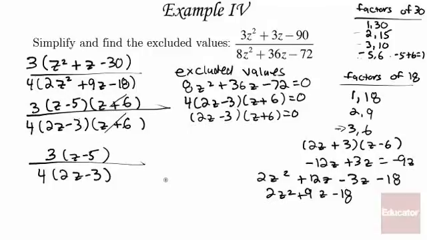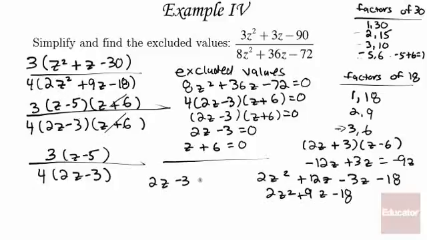Using the zero product property, I'm just going to go ahead and set 2z minus 3 equals 0 and z plus 6 equals 0. Okay. Let's solve for each of these down here where there's a little more room. So first, 2z minus 3 equals 0 is going to give me 2z equals 3 by adding 3 to both sides.